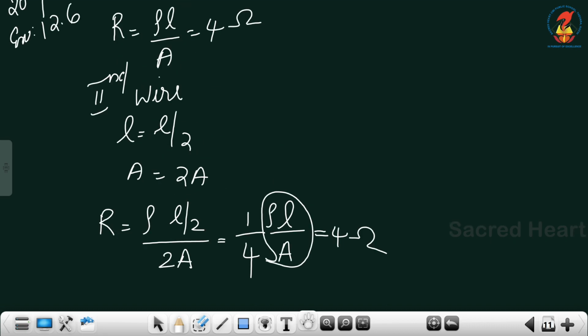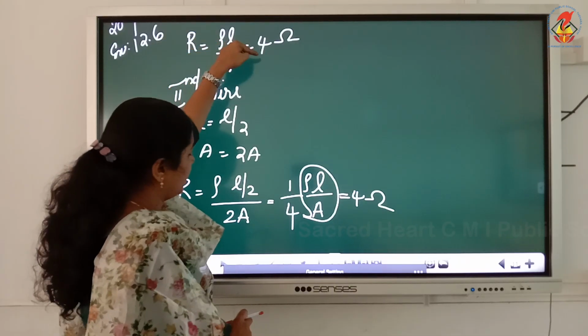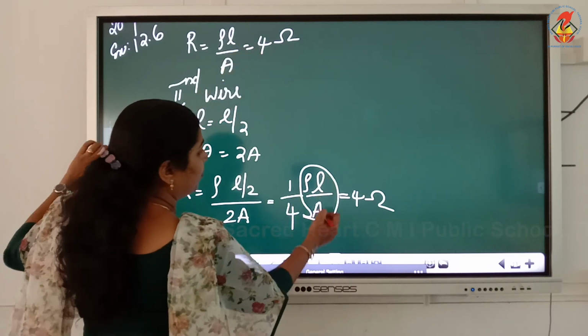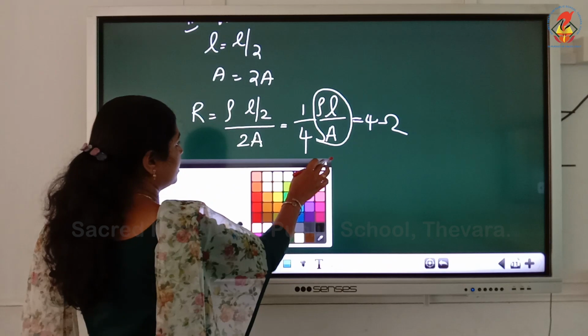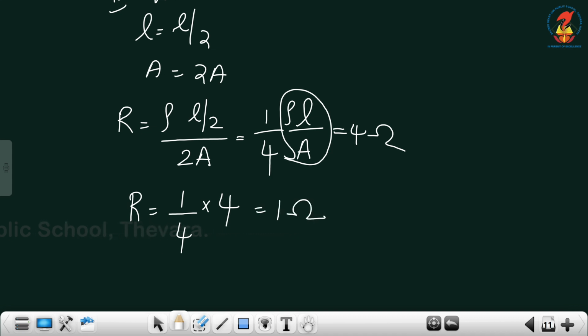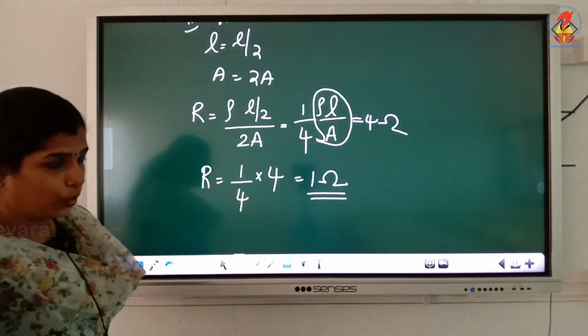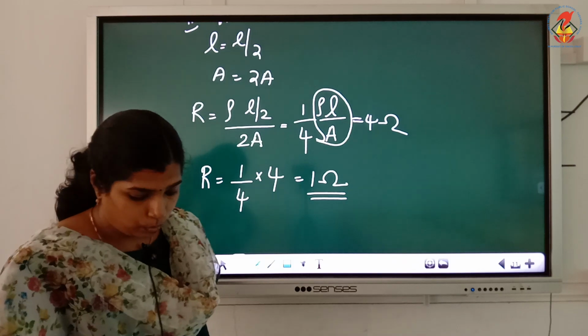So, what will be our resistance? R is equal to 1 by 4 into 4, that is equal to 1 ohm. That is the resistance of our new wire.